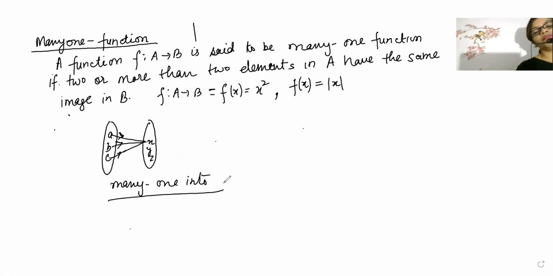So when mapping is there, you have to see both the things. Correct, Harish? Whenever you are writing the mapping, you have to see the many-to-one correspondence and then see the codomain element. So here, many-to-one correspondence is there.